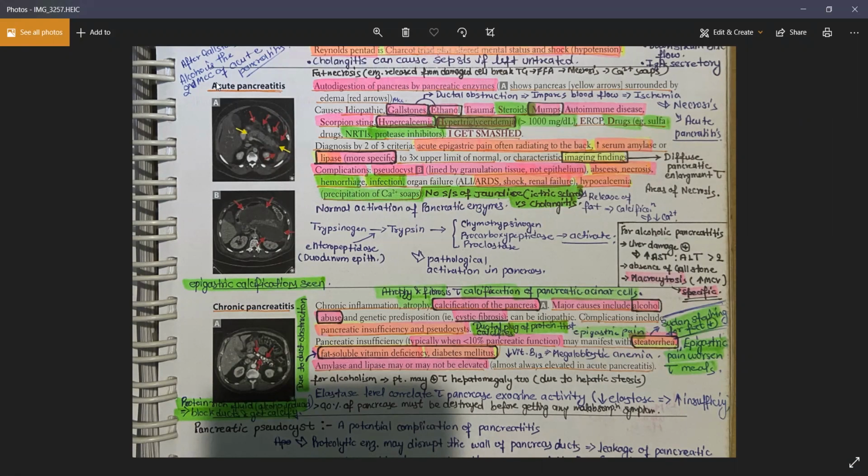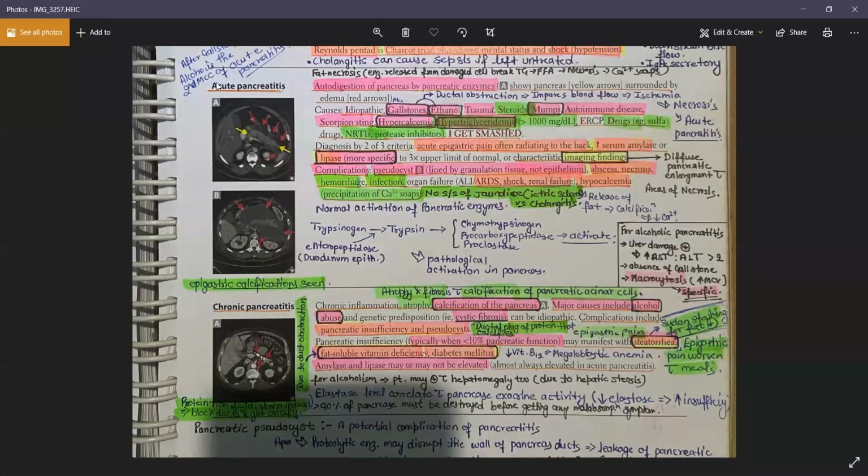For example, let's say you have a very high level of triglycerides, right? You have lipases from the pancreas, and these lipases can feed on the triglycerides to release free fatty acids. Is that okay? Yes. When the lipases act on these triglycerides and release the free fatty acids, this free fatty acid will cause inflammation, right?